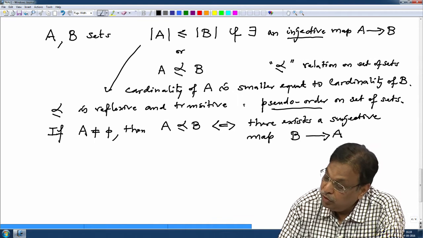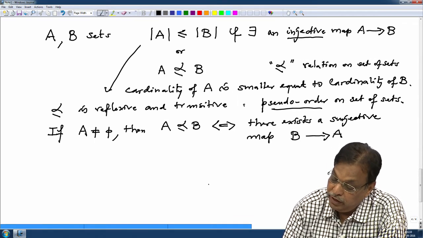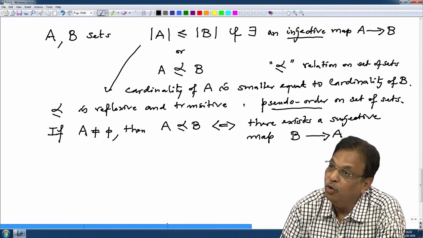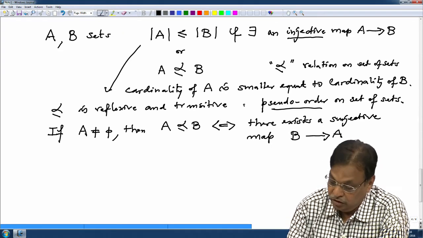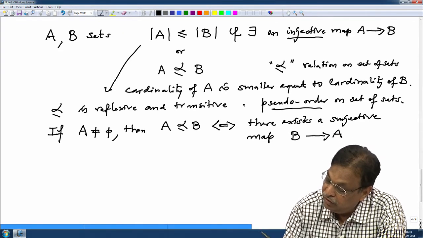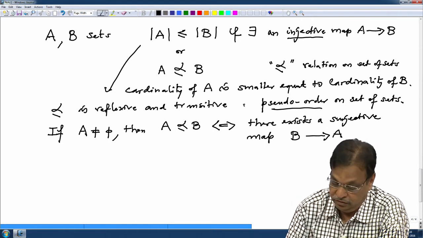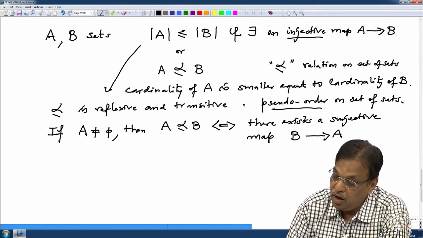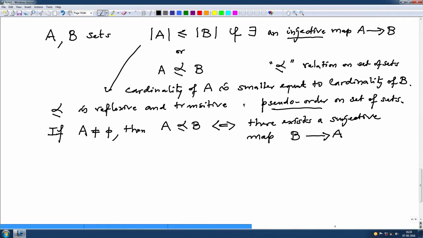So now if you have a pseudo order, then you can make it an order by pushing in more things, and the order will correspond to an equivalence relation. Sorry, we have to make sure that it satisfies antisymmetry.